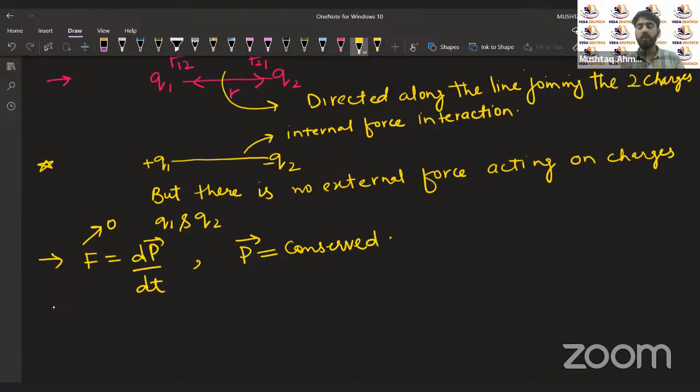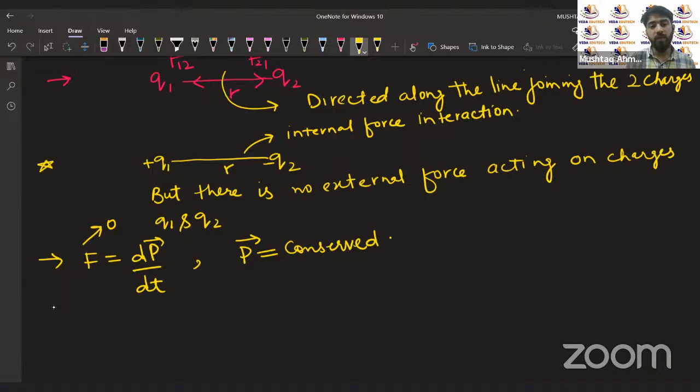So we can say that for two charges which are separated by a distance r, if these two charges start attracting each other due to the mutual electrostatic force of attraction, that's the internal force between the charges Q1 and Q2, not an external force, the total momentum of the charges Q1 and Q2 will always be conserved.